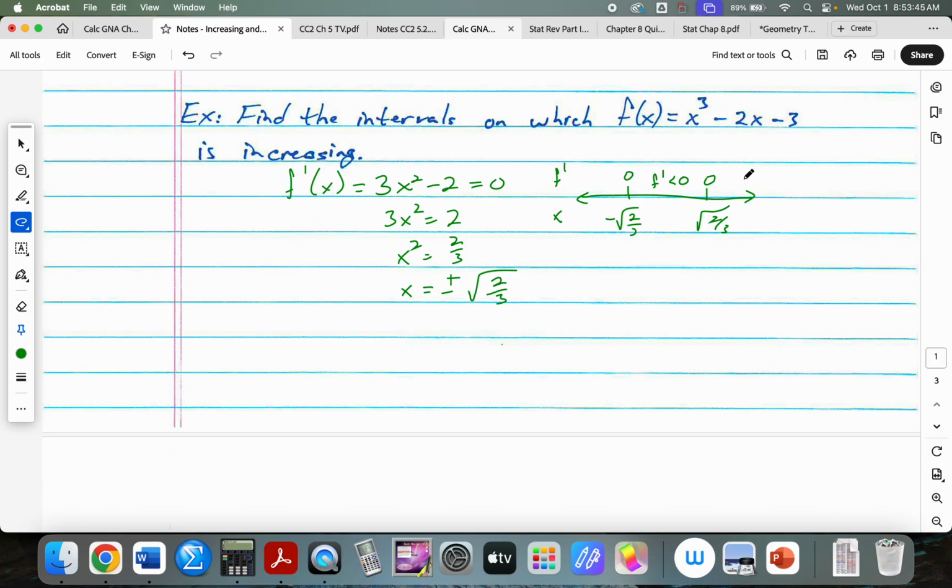So if I test what happens at x is 1, back in my derivative, f prime at 1 is 1. So throughout this entire interval, f prime is going to be greater than 0. And then the same for negative 1. Substituting it in, I get that f prime is still 1. So here, f prime is greater than 0.